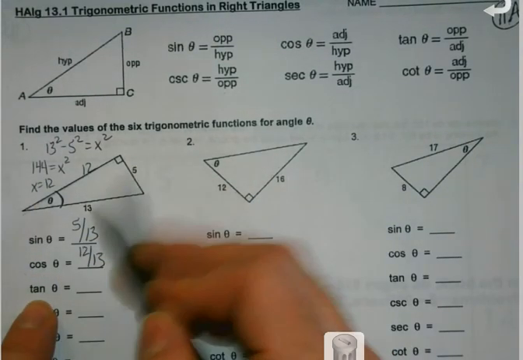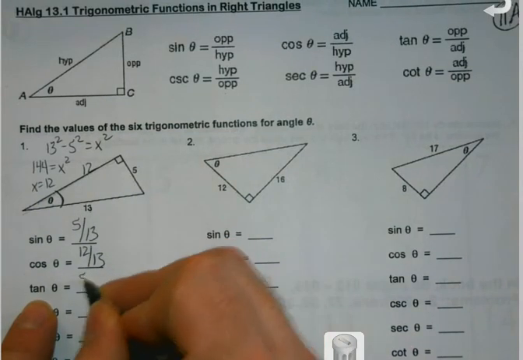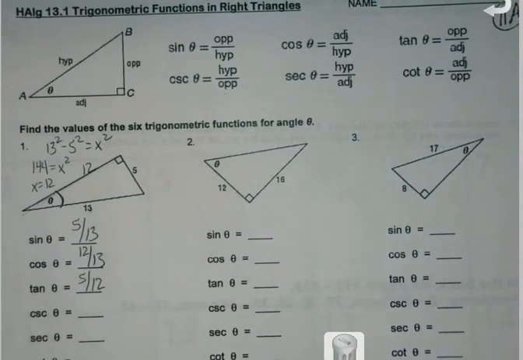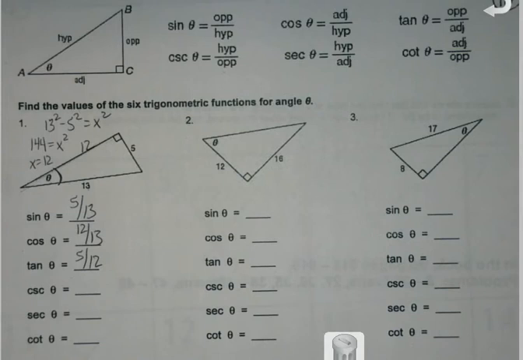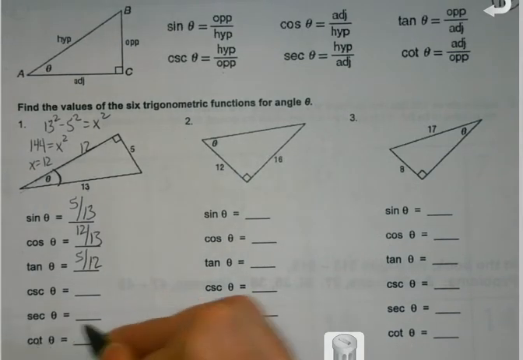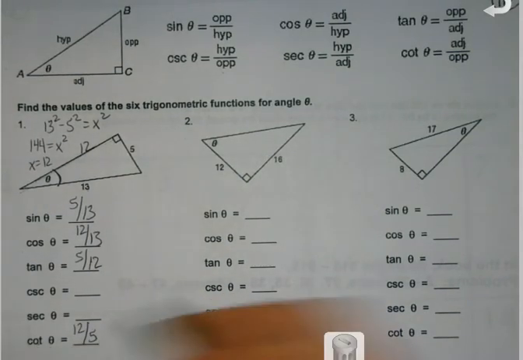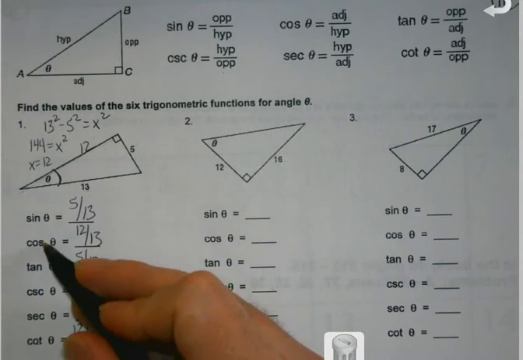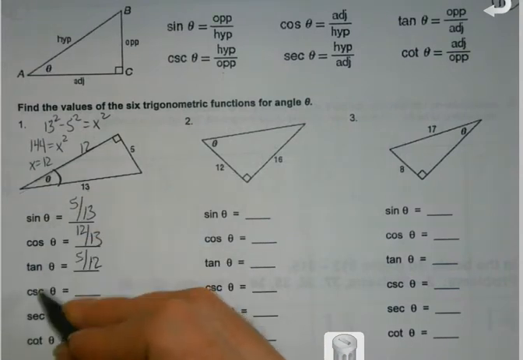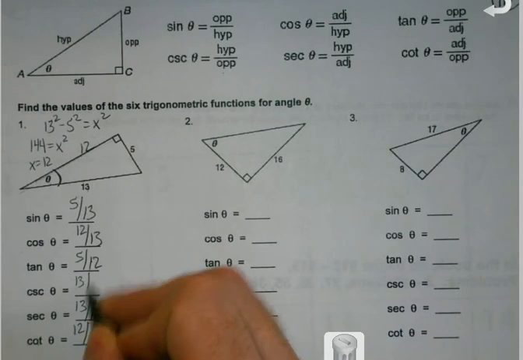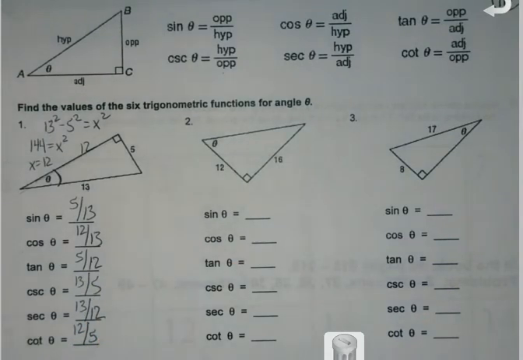Tangent, opposite over adjacent. And then I basically start looking for my inverses. Tangent's inverse, cotangent. Flip it on over. Cosine and secant are inverses. Sine and cosecant are inverses. And I just work it through that way.